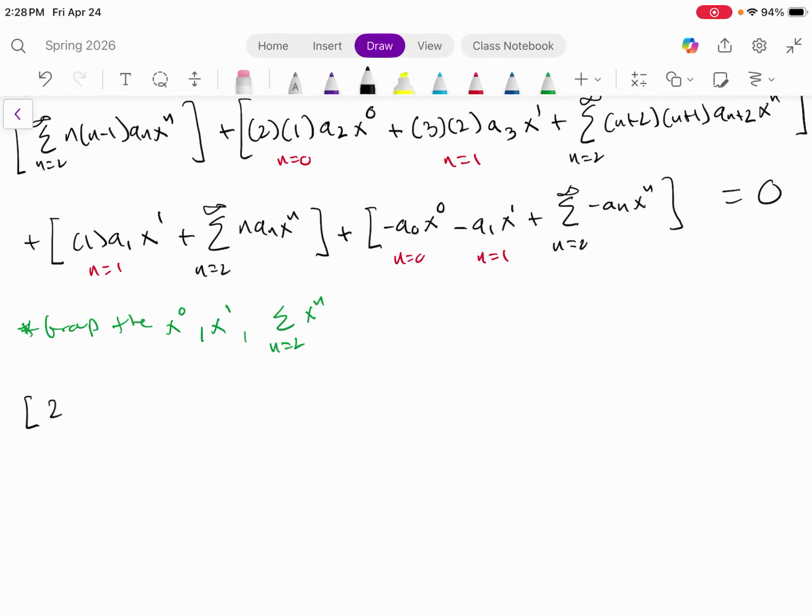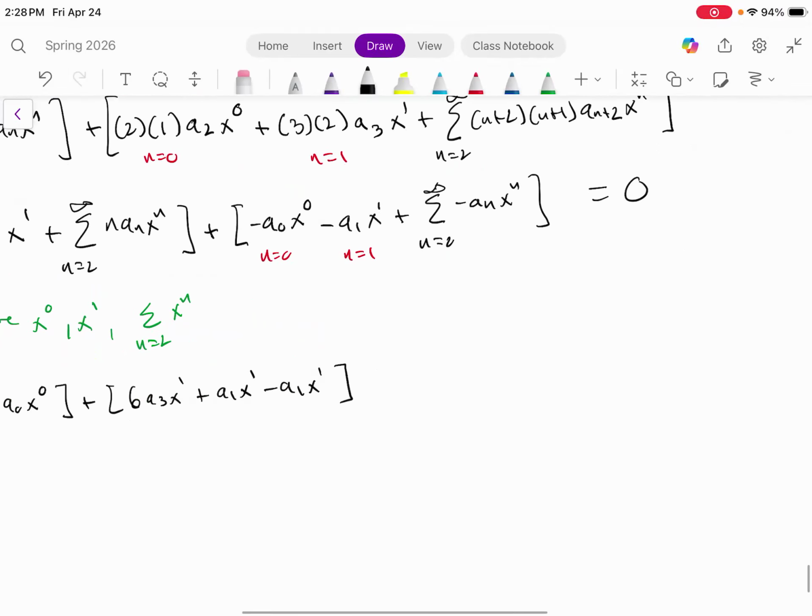So this would be 2a2 x to the 0 minus a naught x to the 0 plus 6a3 x to the first plus a1 x to the first minus a1 x to the first. Okay, plus, now I'm just going to combine all of our series.